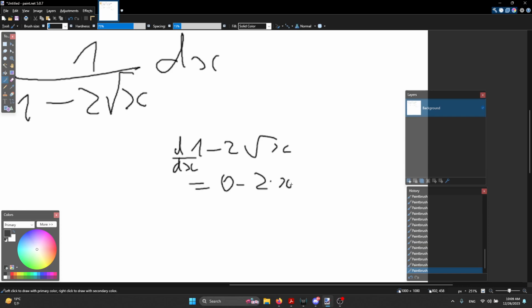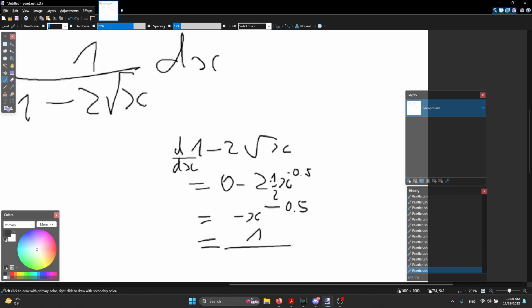Let's rewrite that as x to the 1/2, so we move the exponent down and subtract 1, so it's negative, x to the negative 1/2.